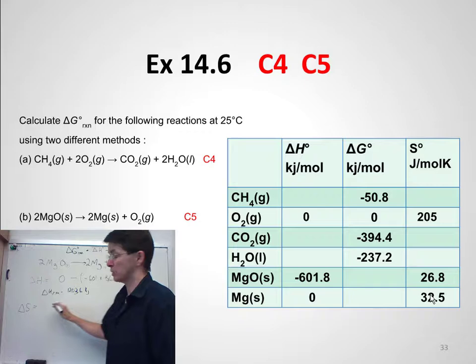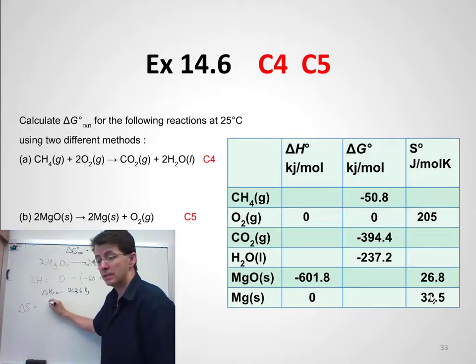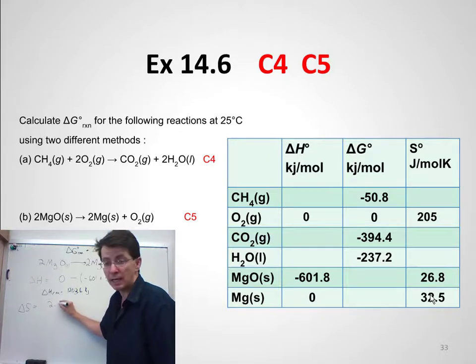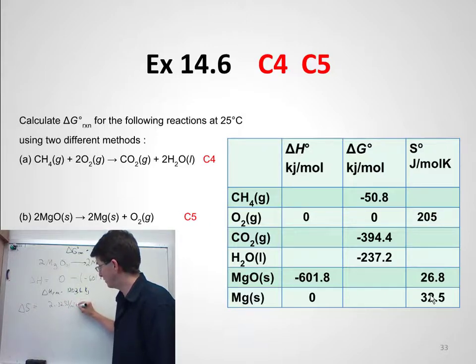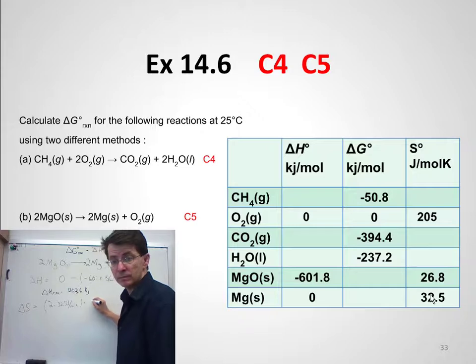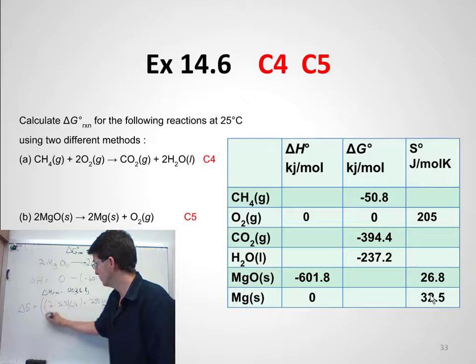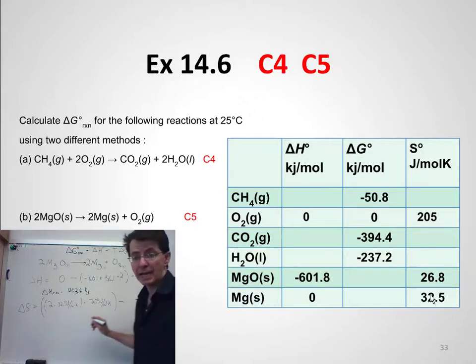So again, products minus reactants: the magnesium, 2 times 32.5 joules per mole Kelvin, plus the oxygen, 205 joules per mole Kelvin. All products minus the reactants.